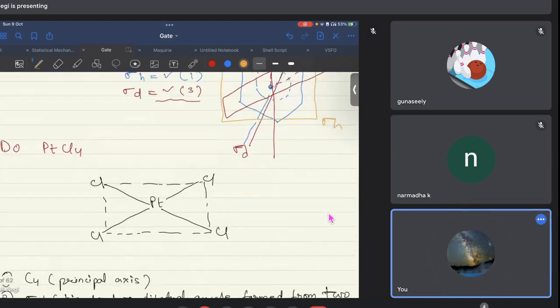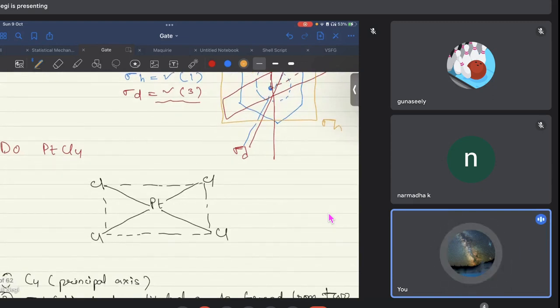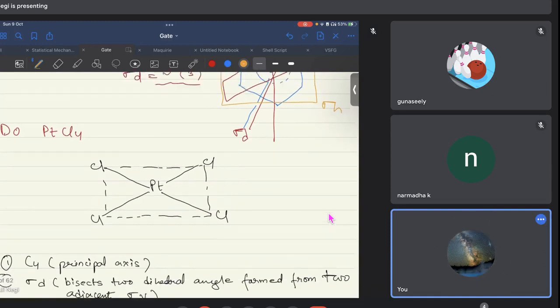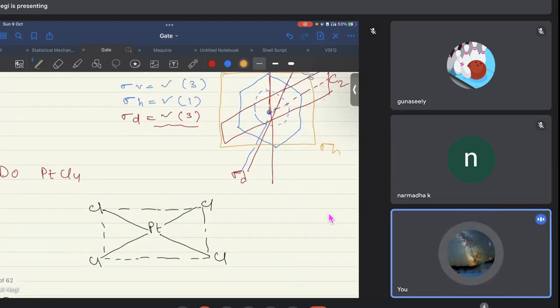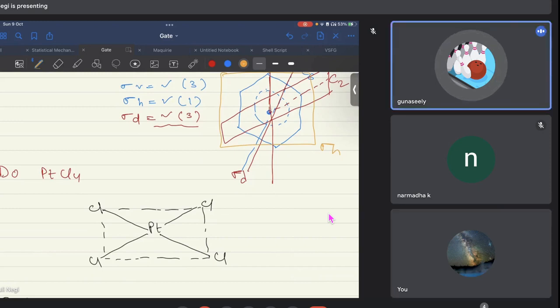Now for this molecule PtCl4, you can do it by yourself and find out what sigma mirror planes are present here, and just find out the principal axis. The principal axis that will be present here will be C4, ma'am.